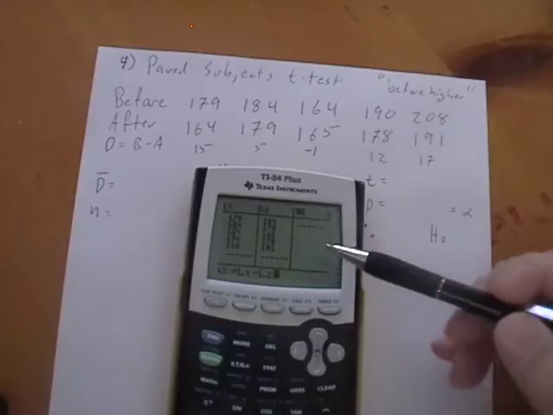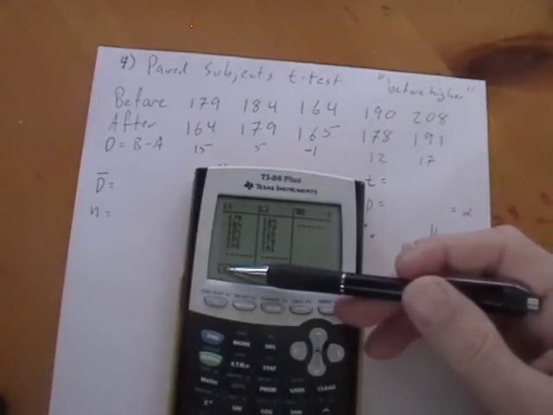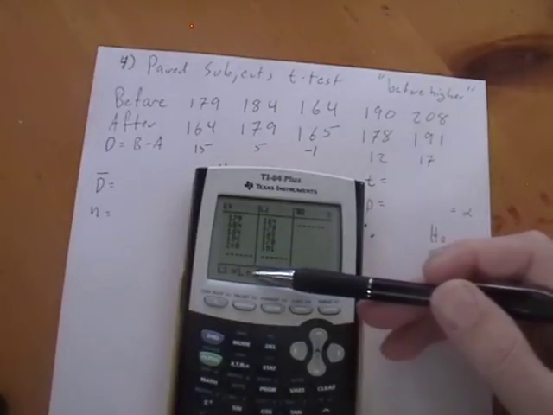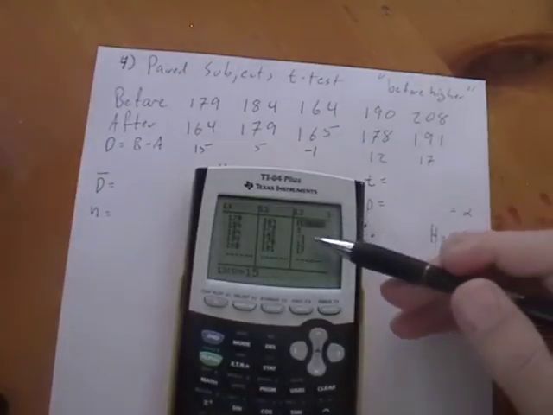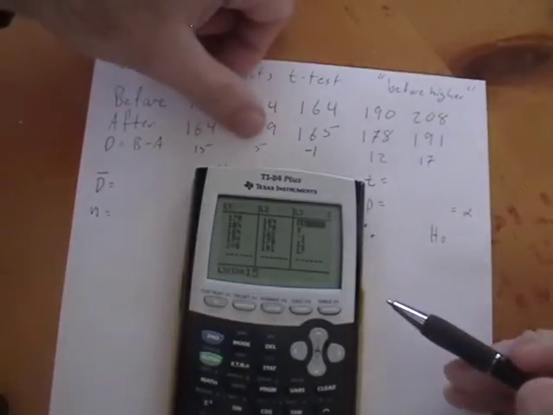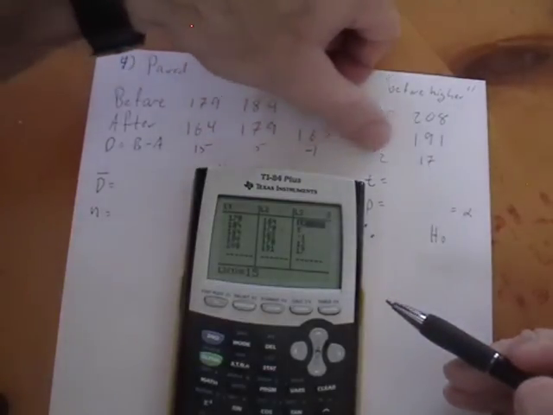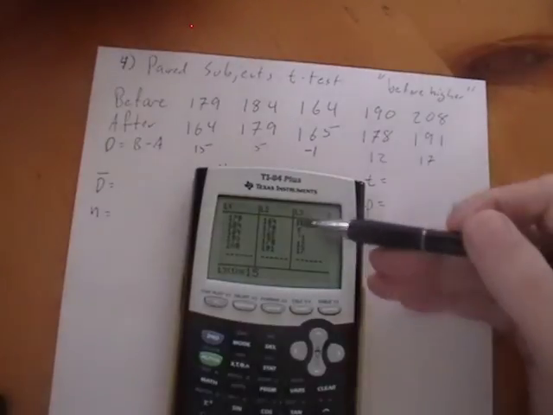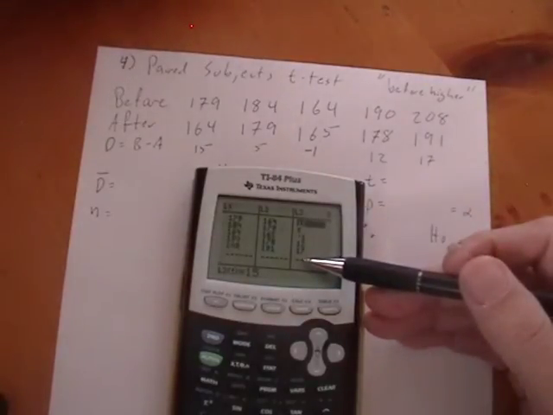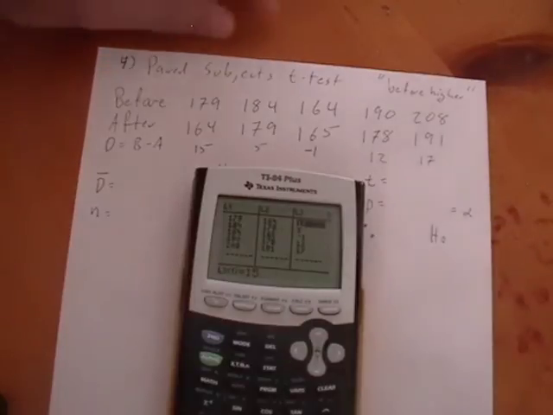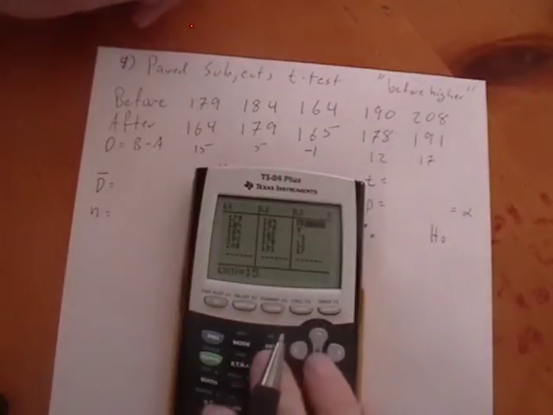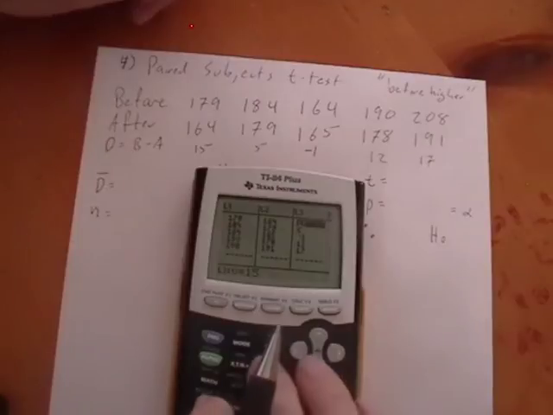That tells the calculator that you want list 3 to equal the value in list 1 minus the value in list 2. And you'll notice that I get my 15, 5, -1, 12, and 17. So the calculator can do the subtraction for you if you're not comfortable doing it yourself. From this point, it's just a straight t-test.